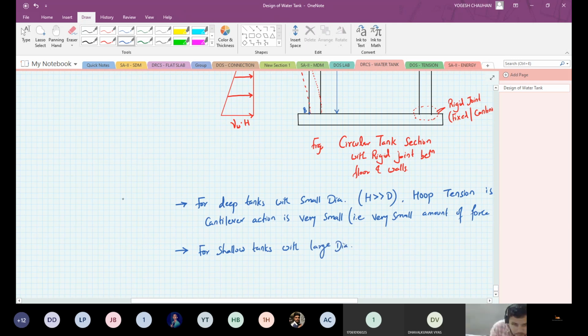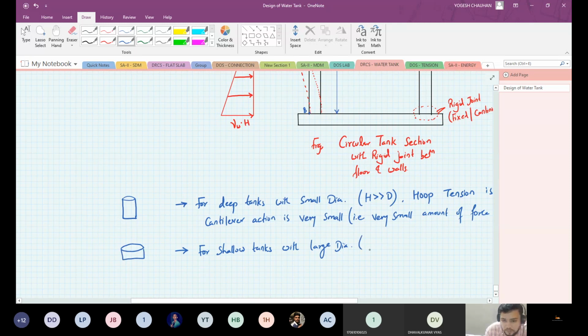See, the earlier tank will be like this, very deep, and the diameter is very small compared to the depth. Whereas in this case, the diameter will be very large and the depth of the tank is small.